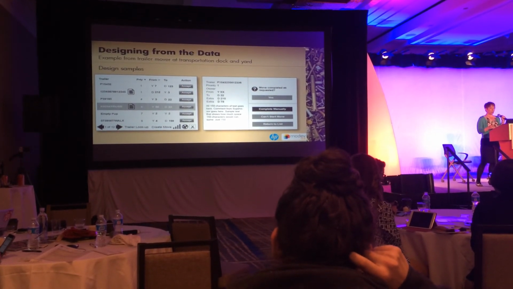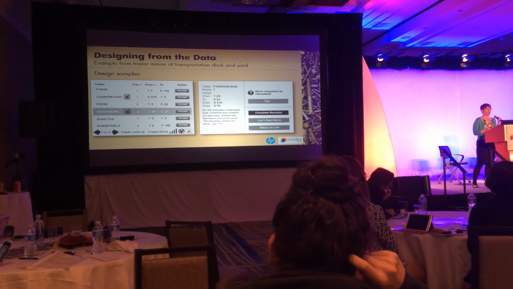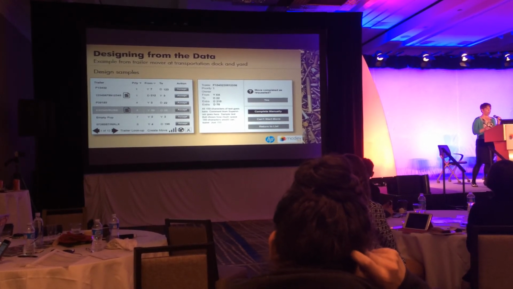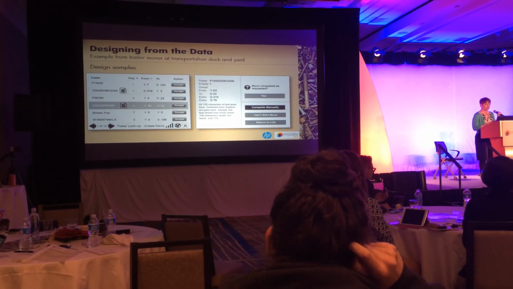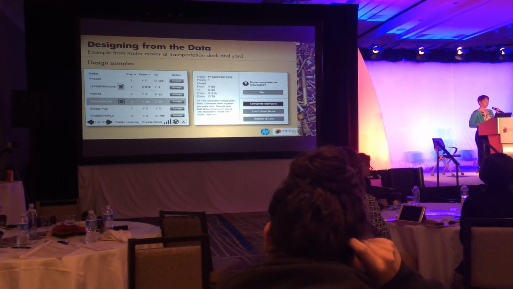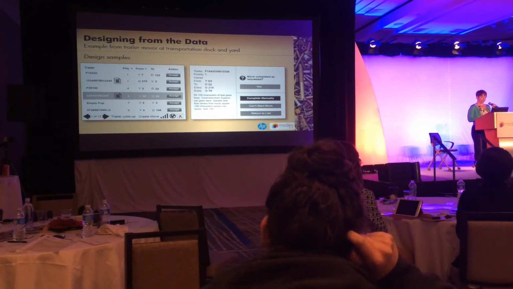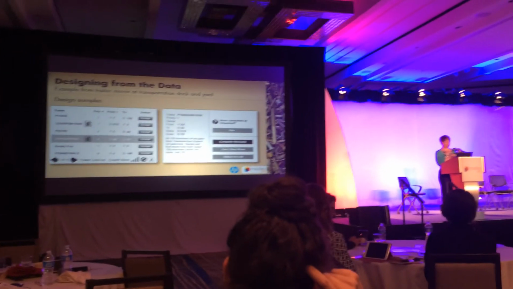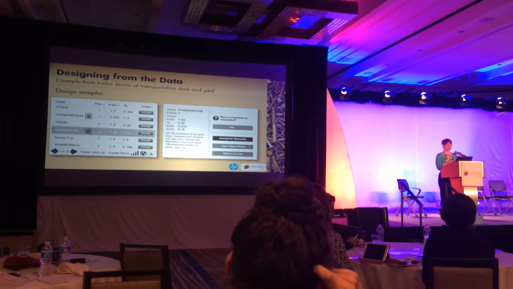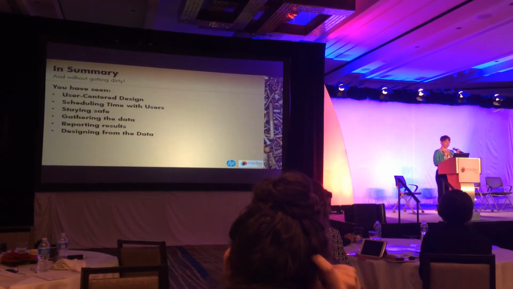They don't have to memorize, wait, was I driving this from 17 or 71? They can just glance over and see that. Once they're there, done. So that's an example of user research turning into data, into user requirements, into data-driven design.